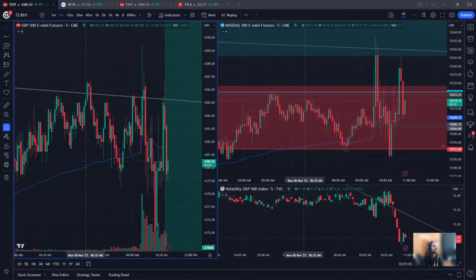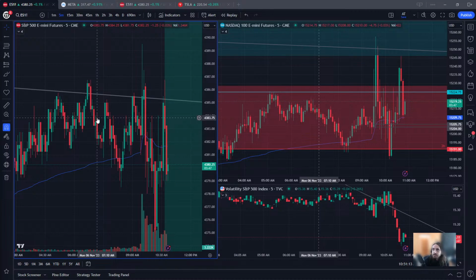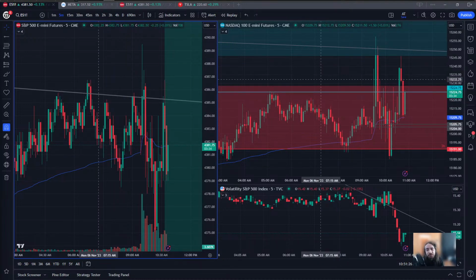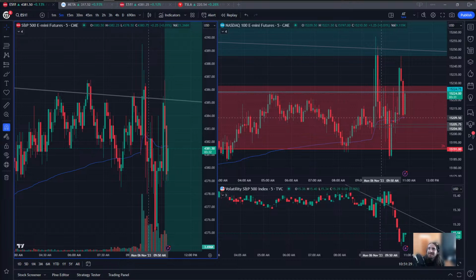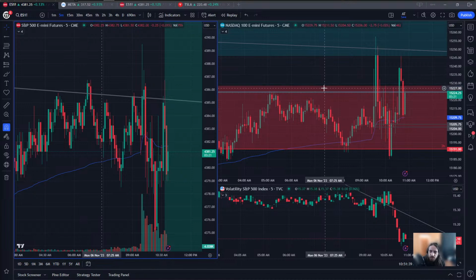Let's see. Not taking it yet. What are the bears doing? They don't know what they're doing. Oh, see, VIX trying to drop again, giving us a pop again. I like this area we're rejecting on.